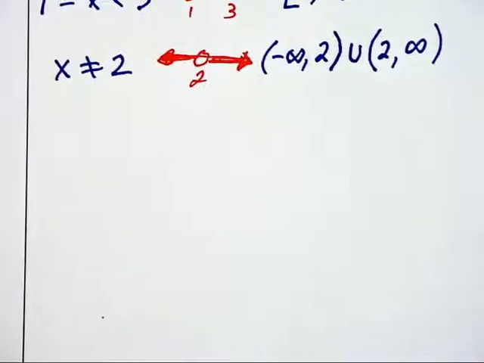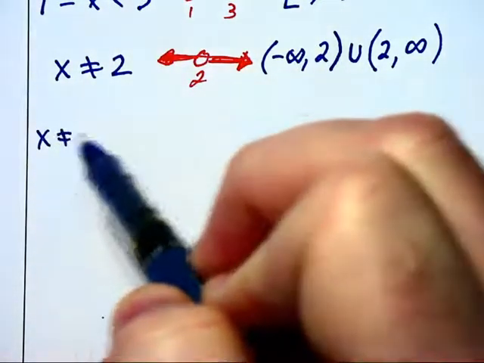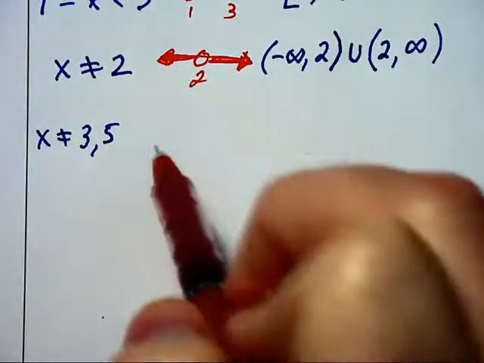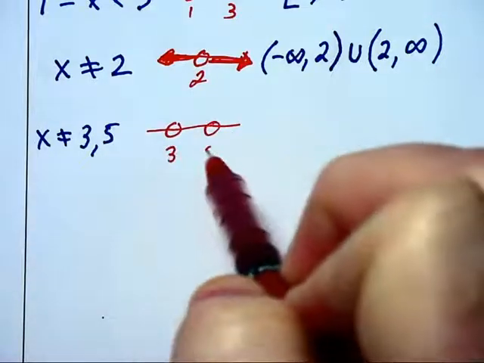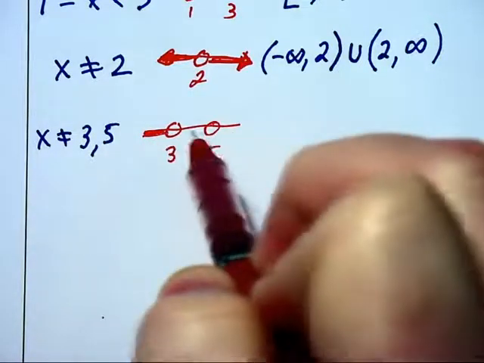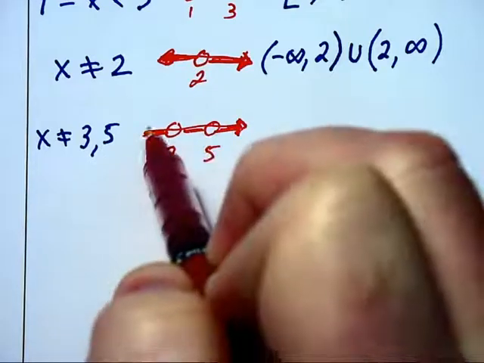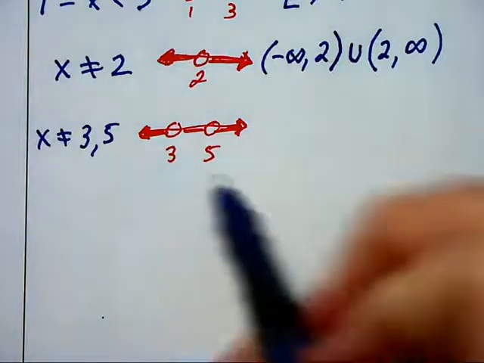Let's say you wanted to exclude two numbers. x is not equal to 3 or 5. On the number line, two open circles, one at 3, one at 5, and as you can see, I'm shading in 3 separate intervals, which means in interval notation, I'm going to have to write 3 separate intervals.